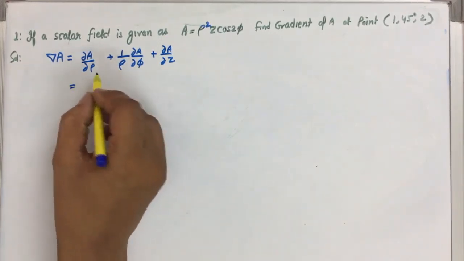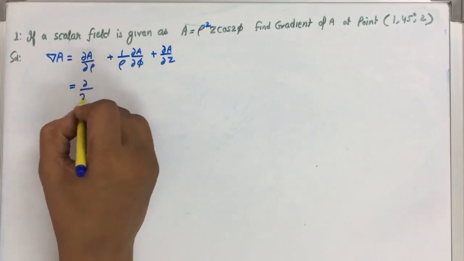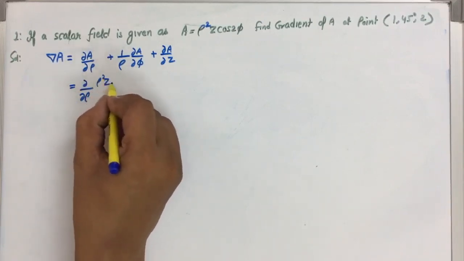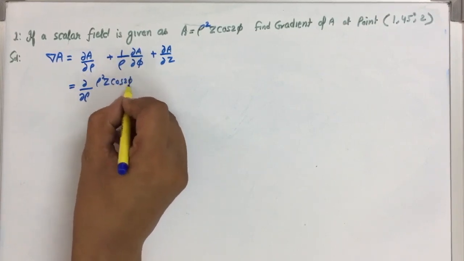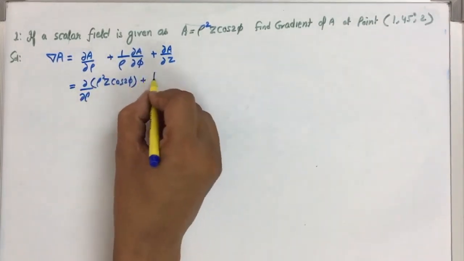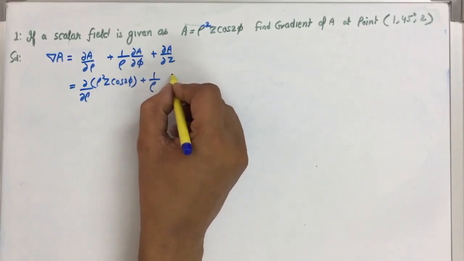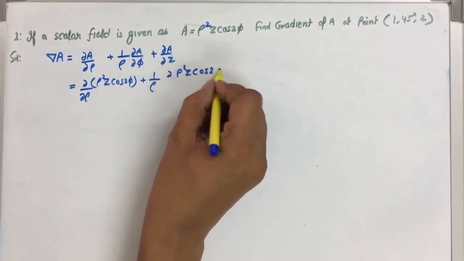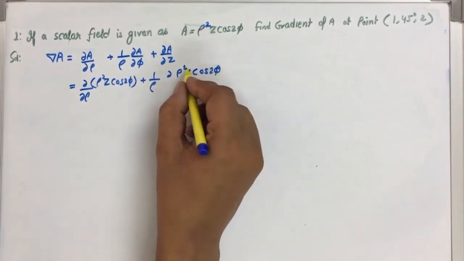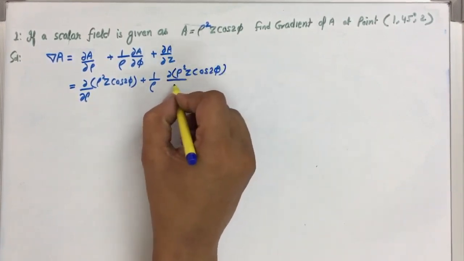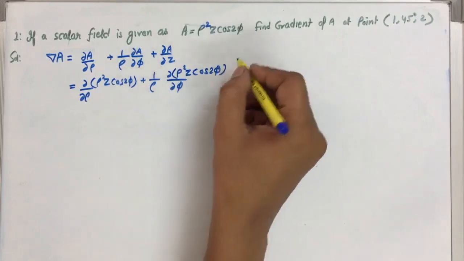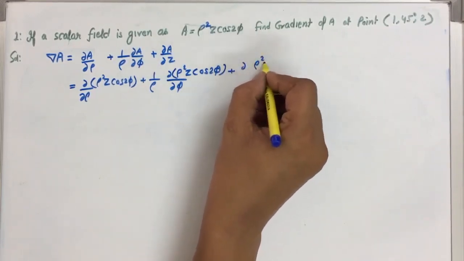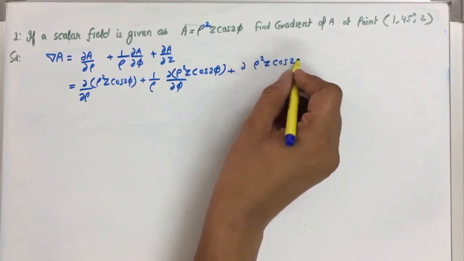Put the value of A: del over del rho of rho square z cos 2 phi, plus 1 by rho, del over del phi of rho square z cos 2 phi, plus del over del z of rho square z cos 2 phi.